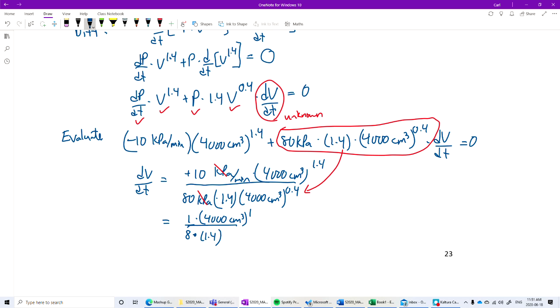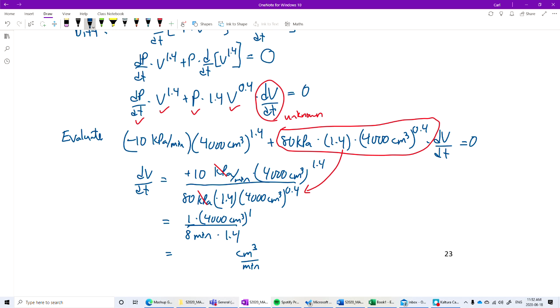Much better. And I forgot the minutes. There's also a divided by minutes here. Let me tidy this up. That per minute I can put down here times 1.4. Okay, so what I'm going to get is a number, centimeters cubed per minute, which is exactly what it should be.